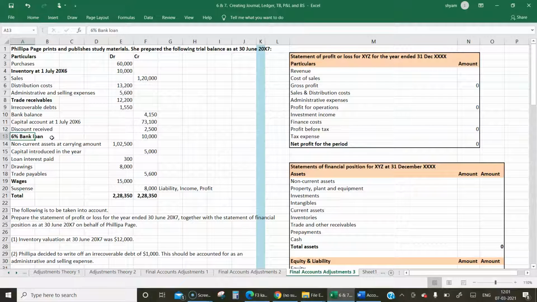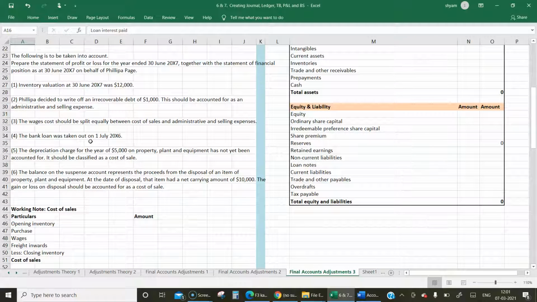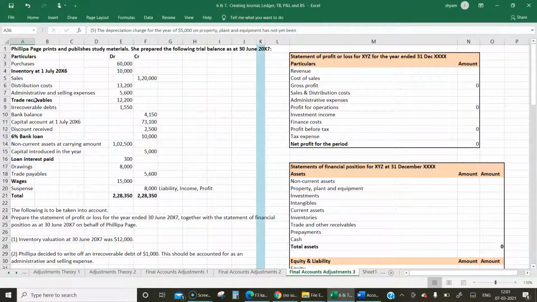So we have to see what is the loan interest. So that also we have to compute. So two areas we have to compute there. Then the depreciation charge for the year of 5,000 on property, plant and equipment has not been accounted for. This should go to cost of sales. So PPE, property, plant and equipment, is there.